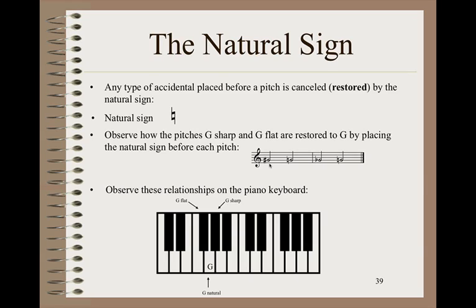And so I'm going from the G sharp to the G natural. Or there may be a G flat, and I'm done with that G flat, and I want to go to a G natural. So that's what the use of the natural sign is all about.